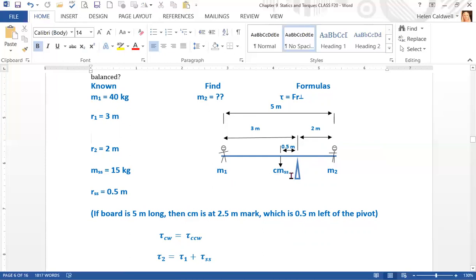Suppose nobody's on the seesaw. The fact that the board is not centered means that the board itself is going to flop down on the left-hand side. So the board itself will swing up. That's a counterclockwise torque. And if all of that has just confused you, all you have to do is look at the pivot and say everything on the right of the pivot goes on one side of the equal sign, everything on the left goes on the other side, as long as gravity is the only thing pulling on stuff.